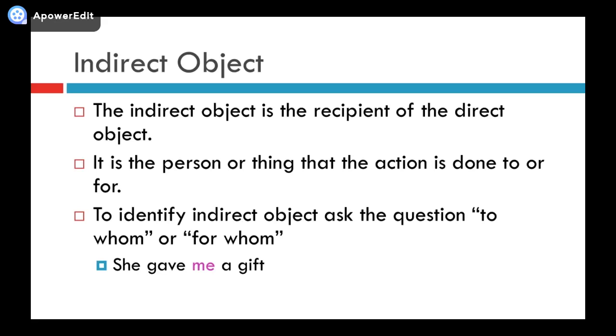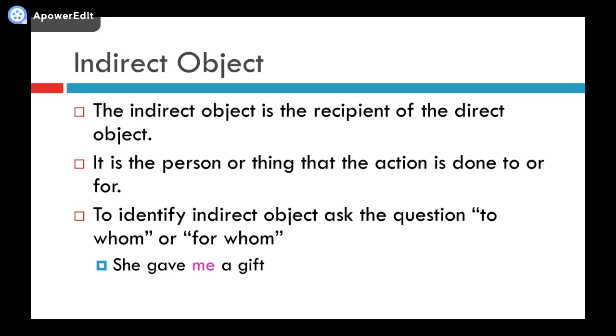The indirect object is the recipient of the direct object. Meaning, whatever is happening to the direct object is later received by the indirect object, to put it simply. It is a person or thing that the action is done to or for.